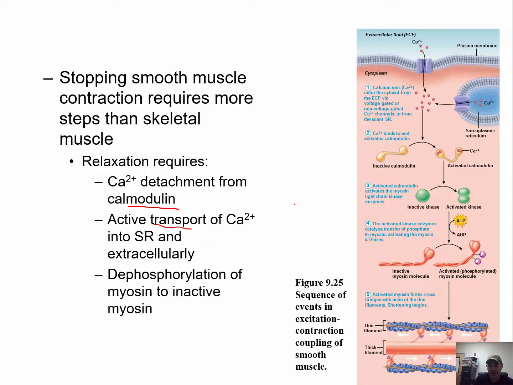And of course pump some of it back into the sarcoplasmic reticulum, but most of it we have to pump out of there. And then we also have to dephosphorylate the myosin itself. So here we have more steps required, and this takes longer. So because of that, smooth muscle is slower to contract and slower to relax.